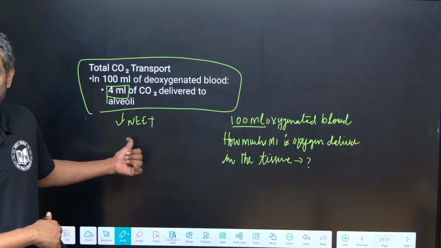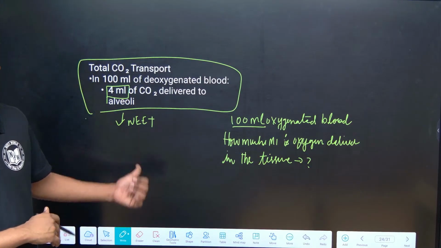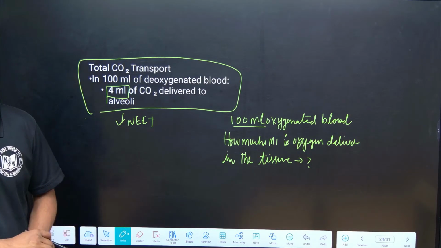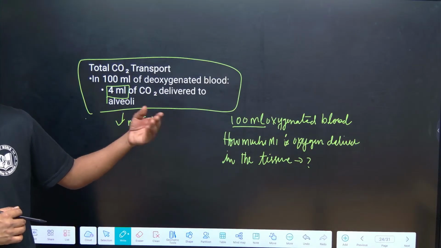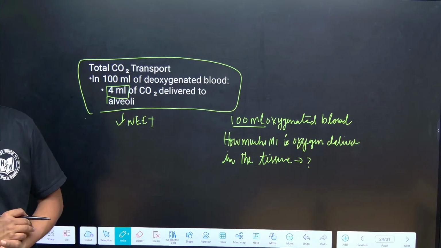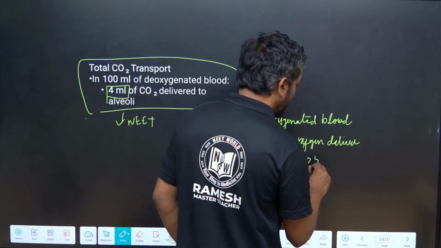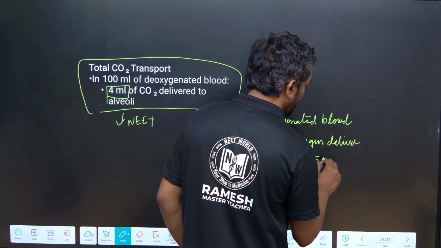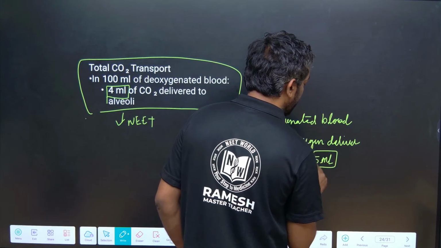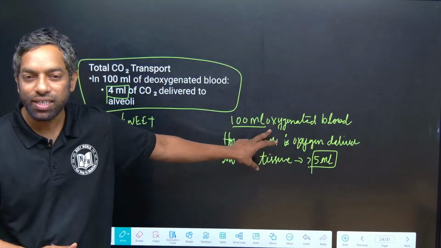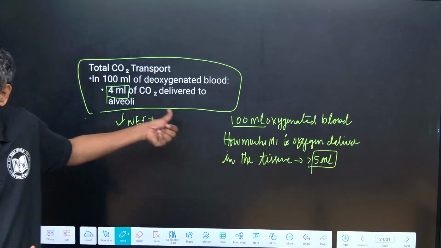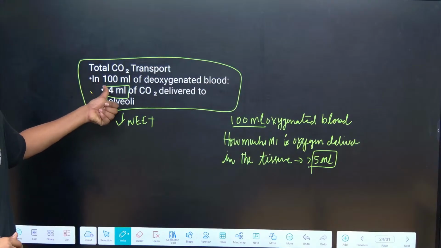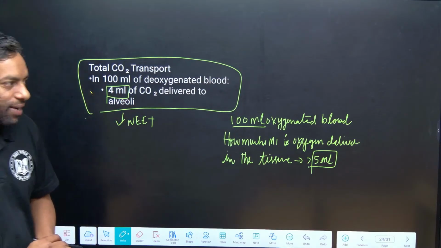Carbon dioxide, 4 ml is delivered. Oxygen, I told you, 20 is 5%, so oxygen delivers 5 ml. This is the NEET question. If it comes to oxygen, it delivers 5 ml; if it comes to carbon dioxide, it delivers 4 ml. This is NEET.